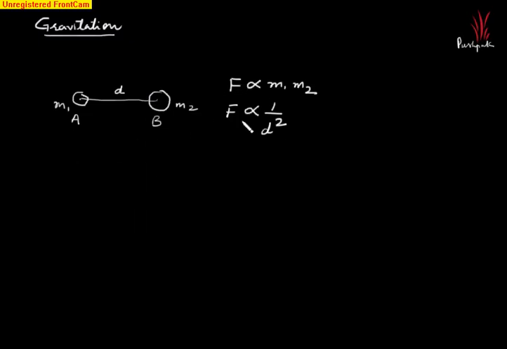Now, if we combine these two statements, then we get that force is proportional to the product of the two masses and the square of the distance between the centers.